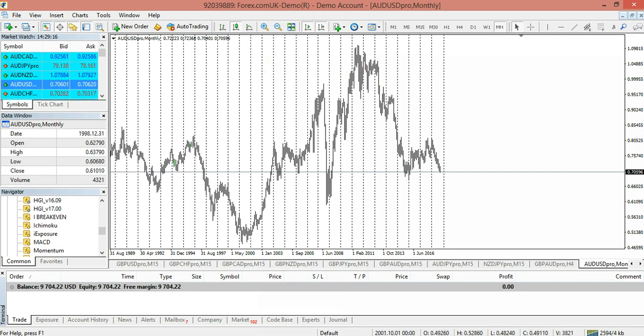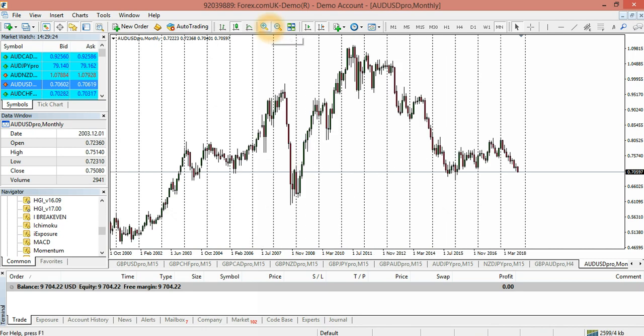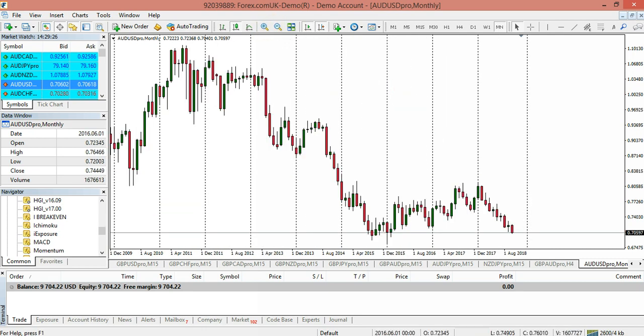And I'm going to keep it zoomed out like this for you to first of all look. And then I'm going to zoom in more and just tell me what you see. What do you see here? Alright. Just pause the video and look.